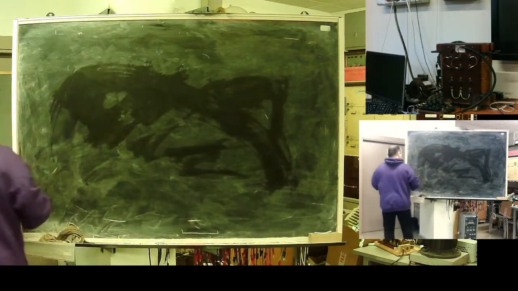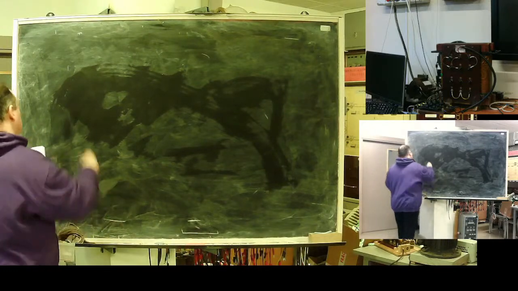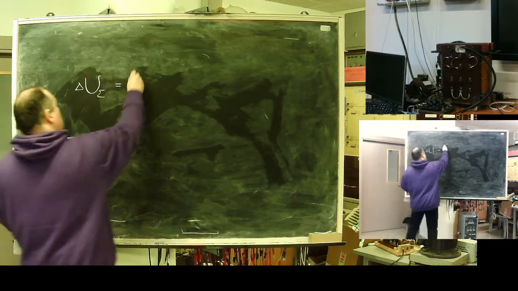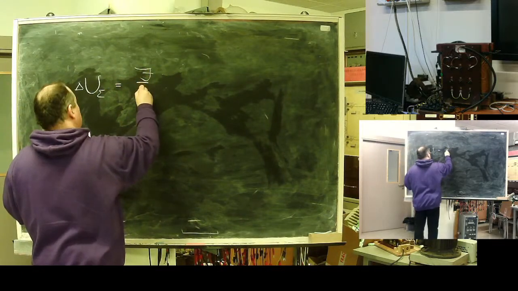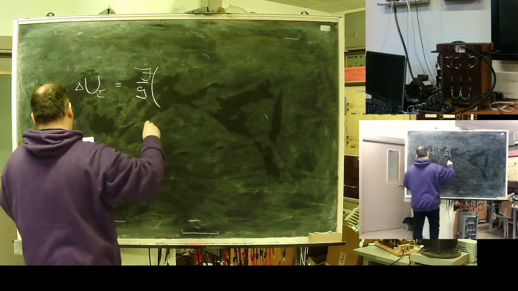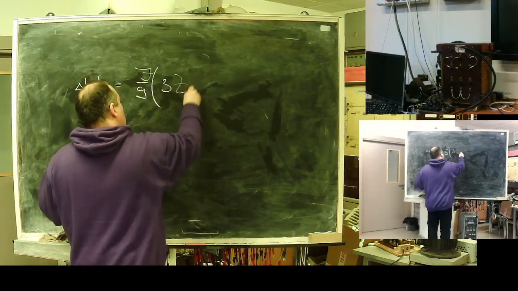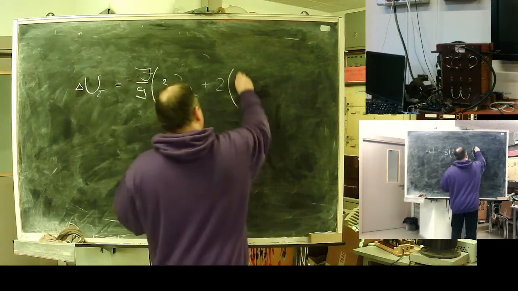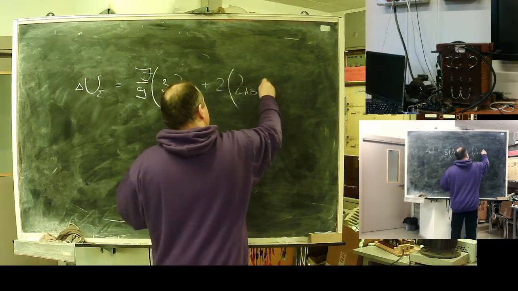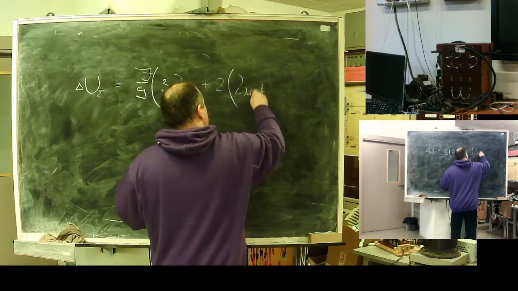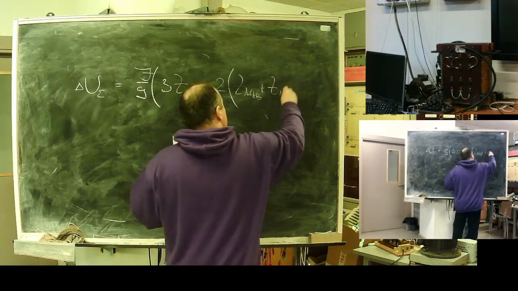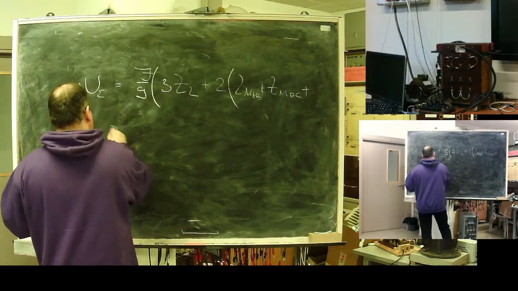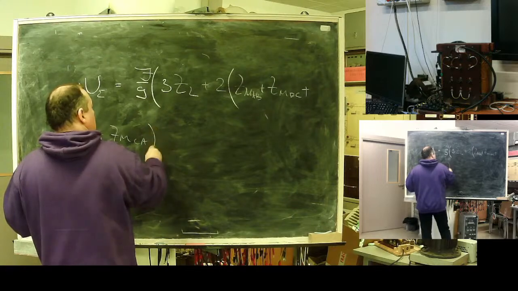So for the whole line, delta U will be divided by 9, 3 line self-resistance plus double sum ZAB plus MAB, ZMBC plus ZMCA.